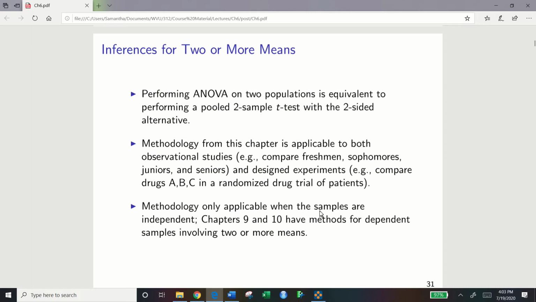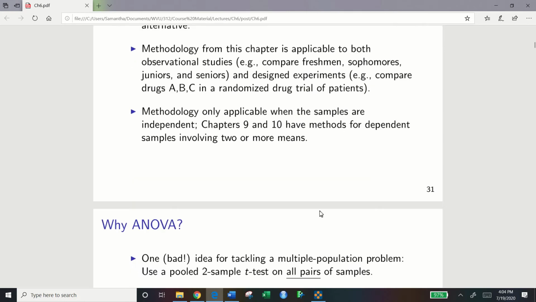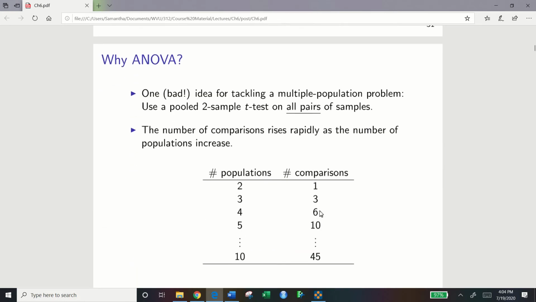Designed experiments are where we are, for example, in a lab and we want to test something. The methodology is only applicable when the samples are independent. Chapter 9 and Chapter 10 give us some methods for dependent samples, though we cover Chapter 9 and not Chapter 10, but that's not the focus of Chapter 6. We're only focused on independent samples.